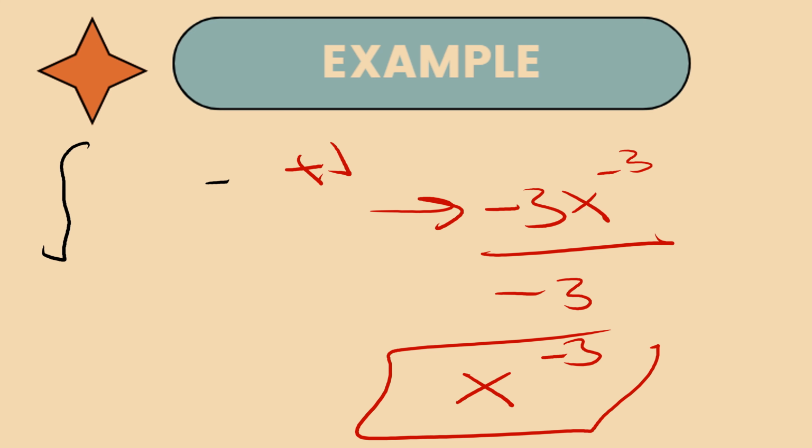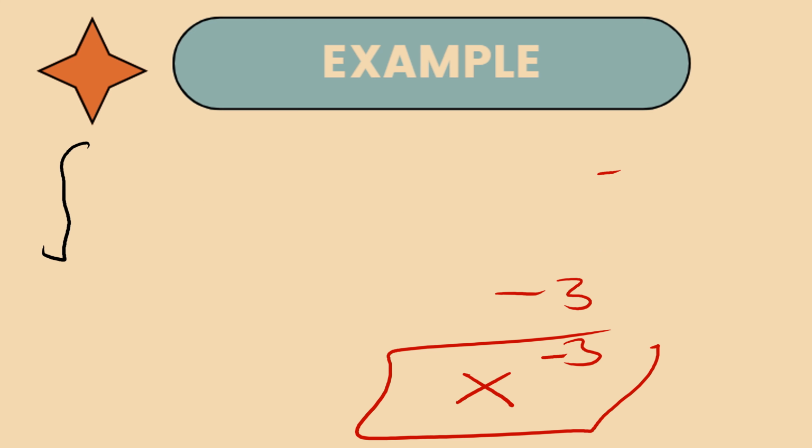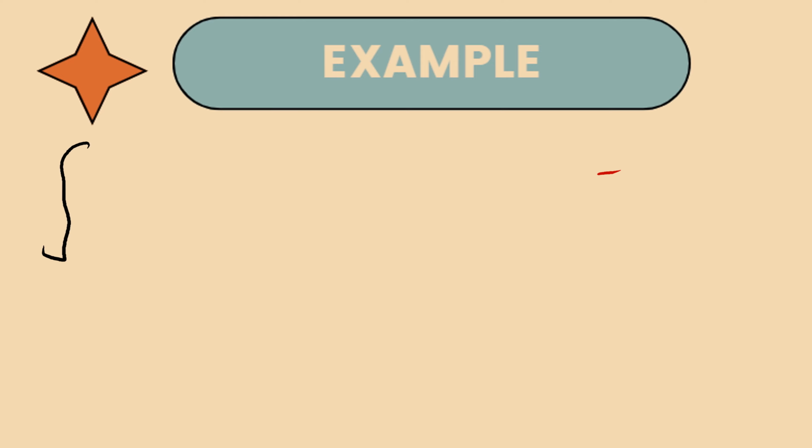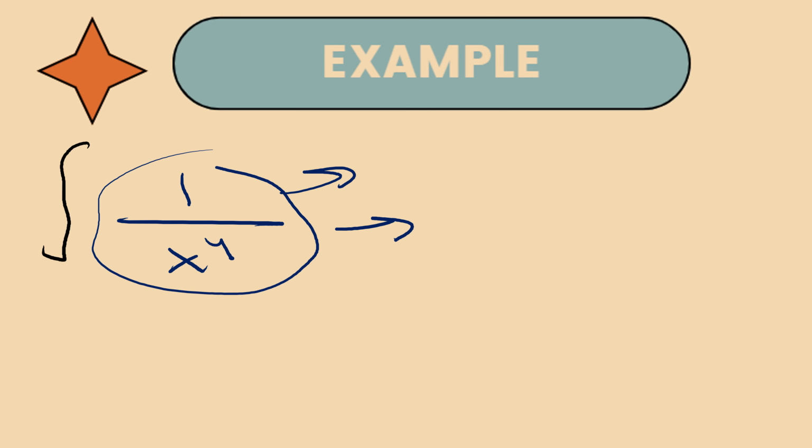Let's say they gave us a fraction that looks something like this, and they want us to integrate that. What should I do? We know that this is exactly the same as x to a negative power, because when a number with a power is in the denominator, moving it up makes the power negative.